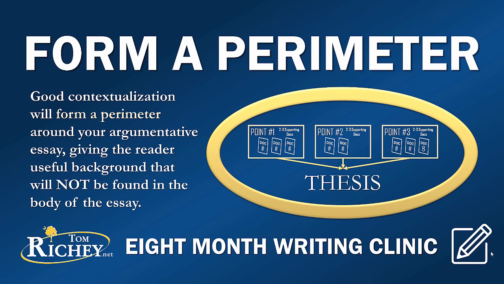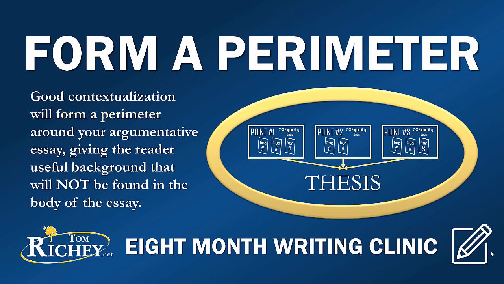What a student is looking to do with contextualization is to form a perimeter. You would think in terms of a battle or an army or something like that. You want to form a perimeter around your camp. So good contextualization will form a perimeter around your argumentative essay, giving the reader useful background information that will not be found in the body of the essay.